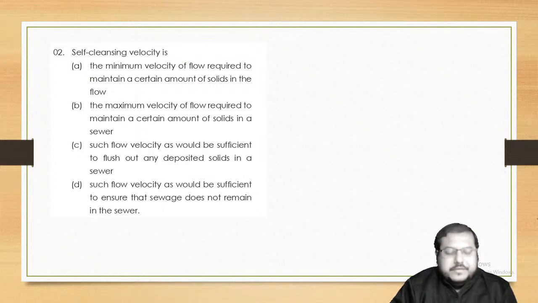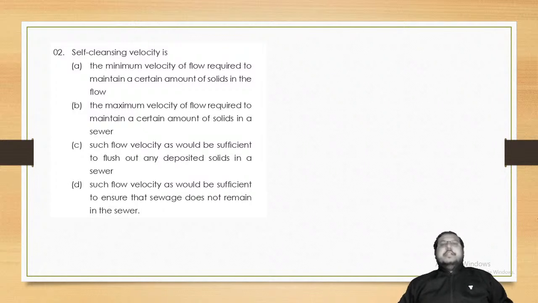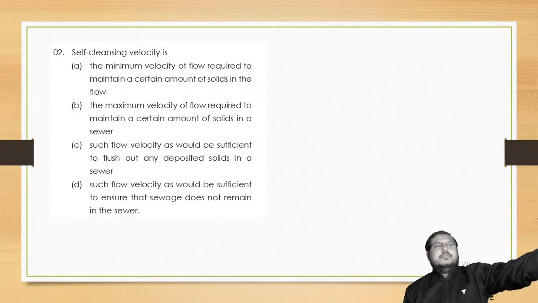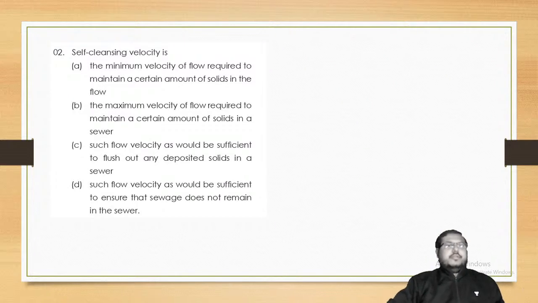Question number 2. Self-cleansing velocity is: first option, the minimum velocity of flow required to maintain a certain amount of solids in the flow; second option, the maximum velocity of flow required to maintain a certain amount of solids in the sewer; third, such flow velocity as would be sufficient to flush out any deposited solids in a sewer.